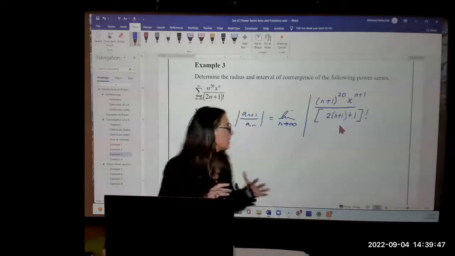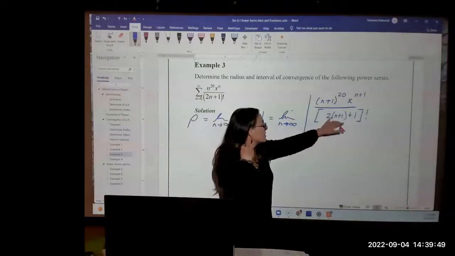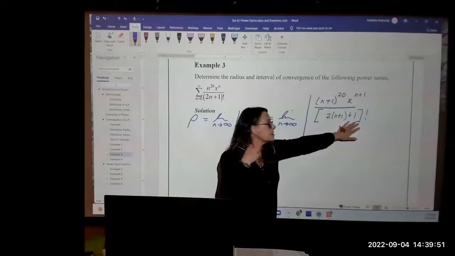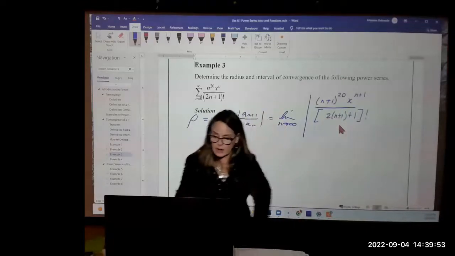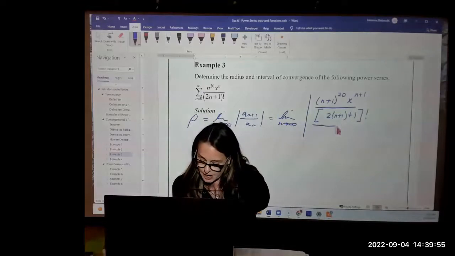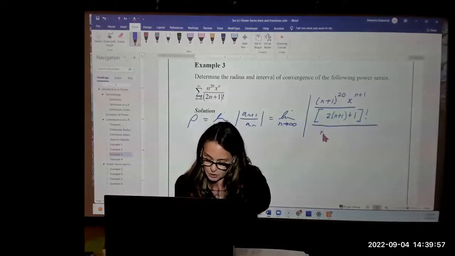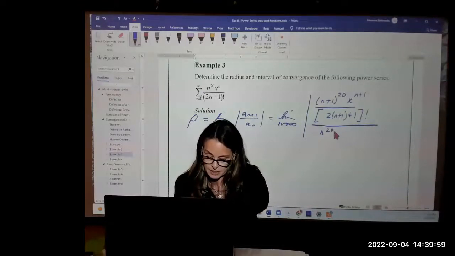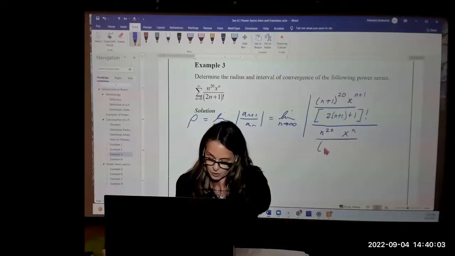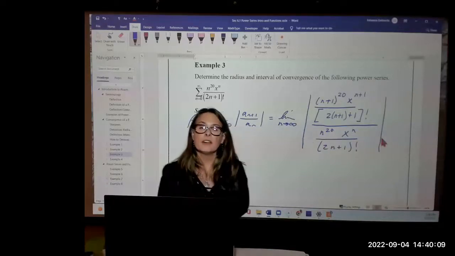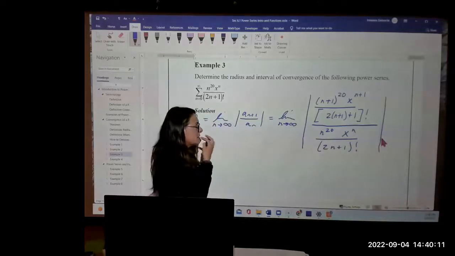Notice that the n plus 1 has to be in parentheses, and the whole thing is also in parentheses with a factorial outside. And then we're going to divide this whole thing by the original representation of the sequence, n to the 20th x to the n over 2n plus 1 quantity factorial. And this is inside absolute values. We're testing for absolute convergence here.